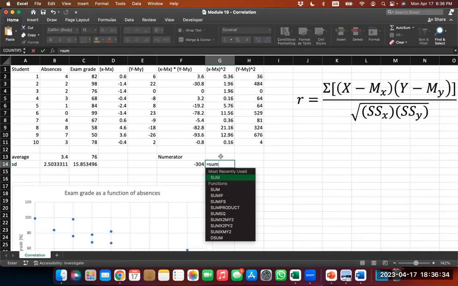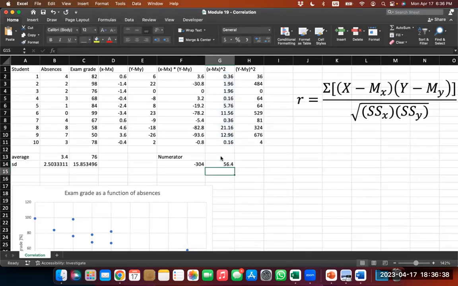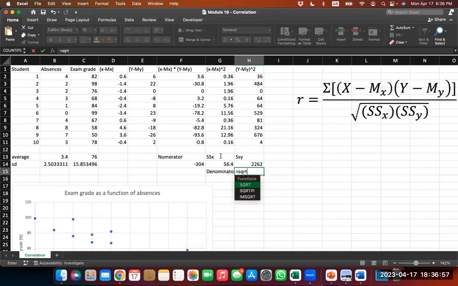That's our sum of squares, G2 to G11, the sum of squares x and sum of squares y. And the denominator is now the square root of this multiplied by this.